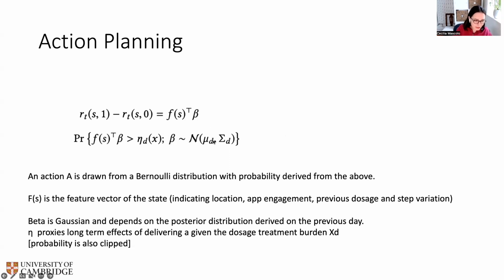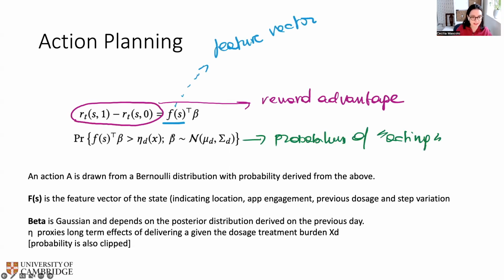Now, how do we use it really? In the next slide, I have some annotation for you to look at. But this probability here, which essentially is dependent on the same definition of feature vector and the random variable, defines the probability of acting.